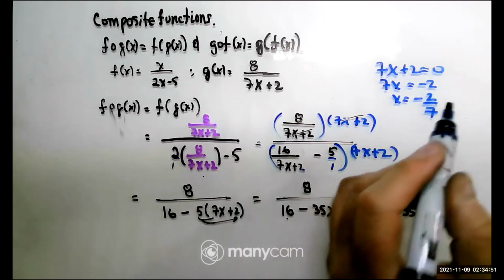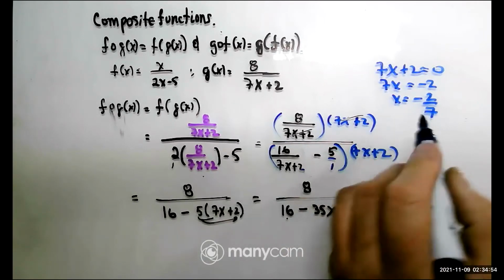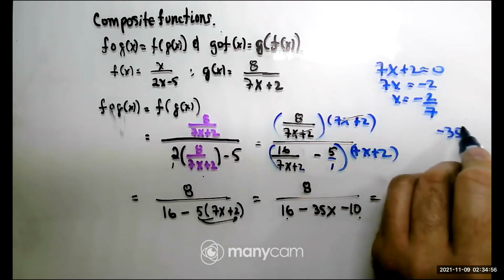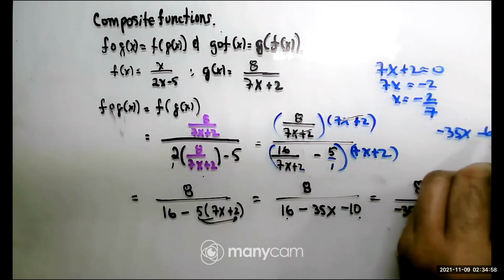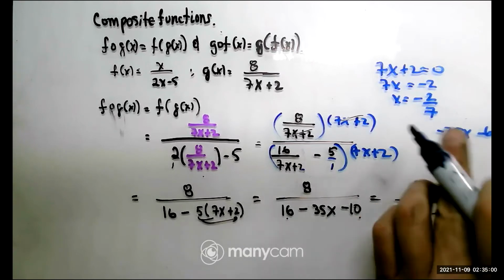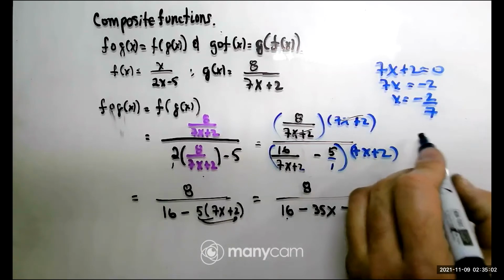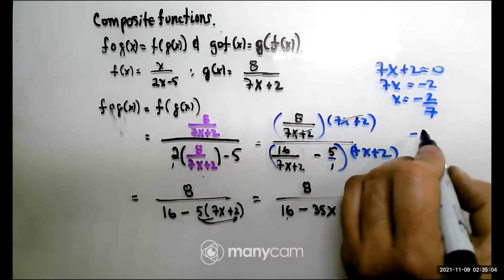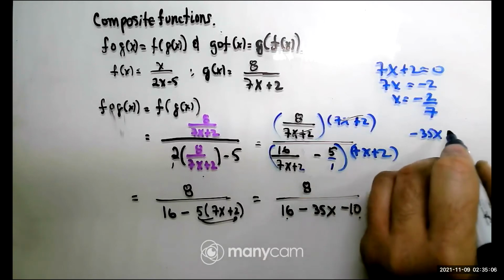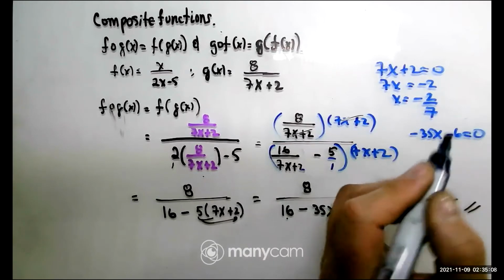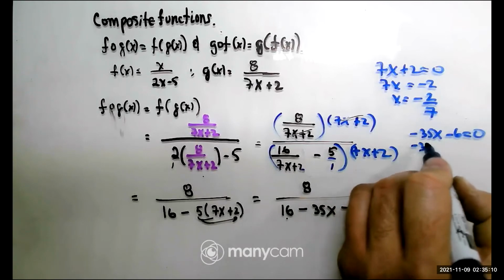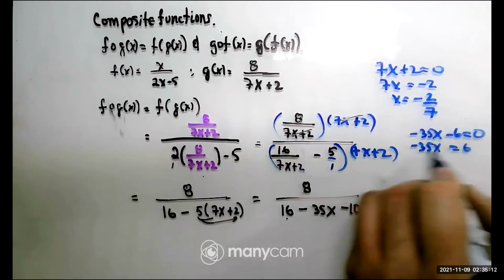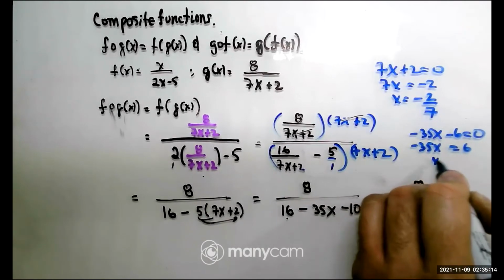What's the other one? So this is the first number. Negative 35x minus 6 equals 0. I add 6 and I divide by negative 35.